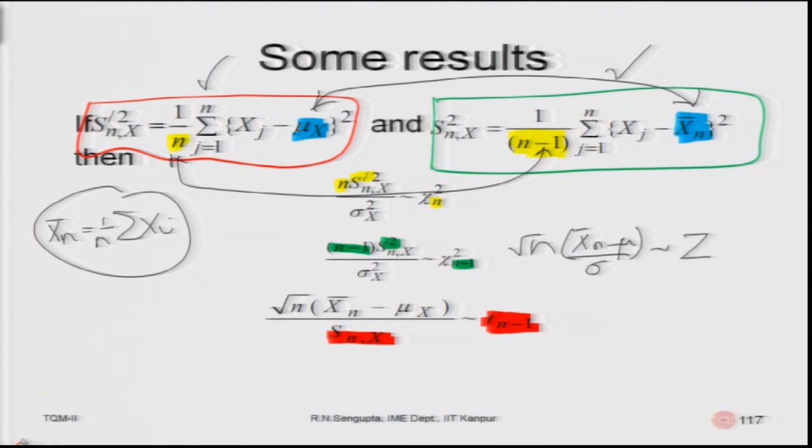The changes where they are occurring, I will just use another color. So, this and this are important to note, and this and this are other important things to note.